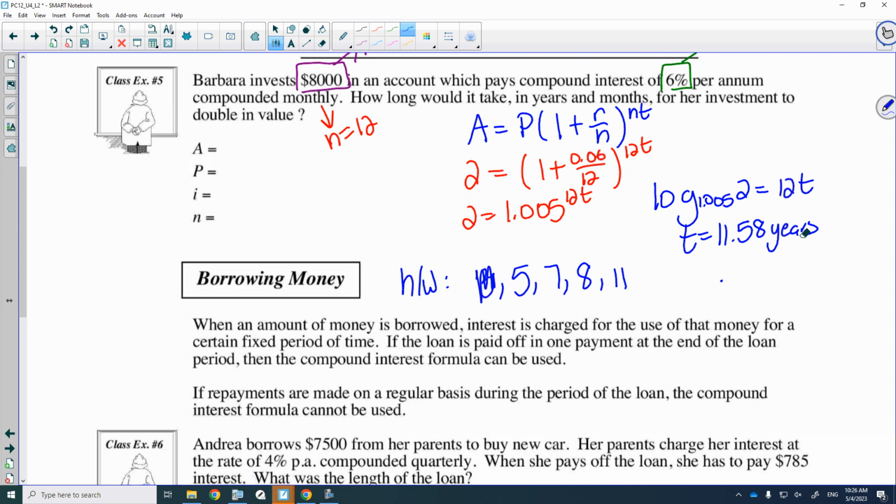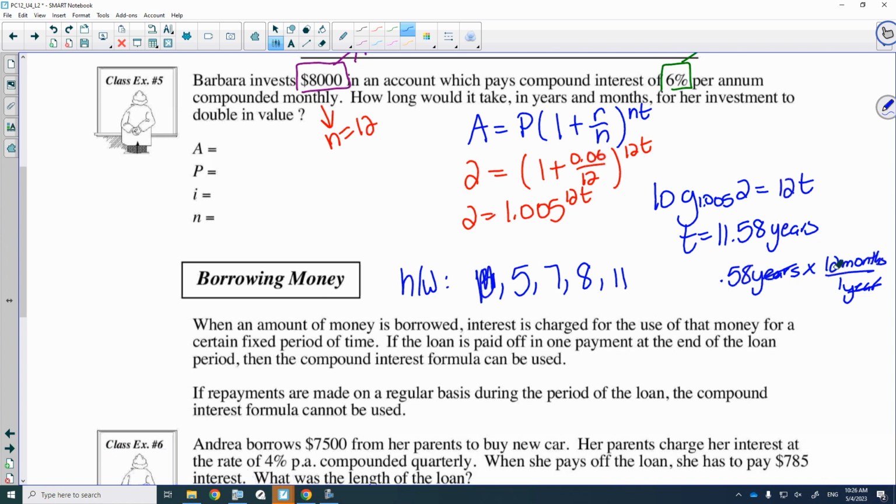So we have 0.58 years times, if I want to figure out how many months that would be, there's 12 months in 1 year, right? So I would take that decimal of 0.58 and you'd multiply it by 12, and that would give you how many months 0.58 is. And what are you getting on your calculator? Like, what would you round that to? Yeah, it's 6.97.